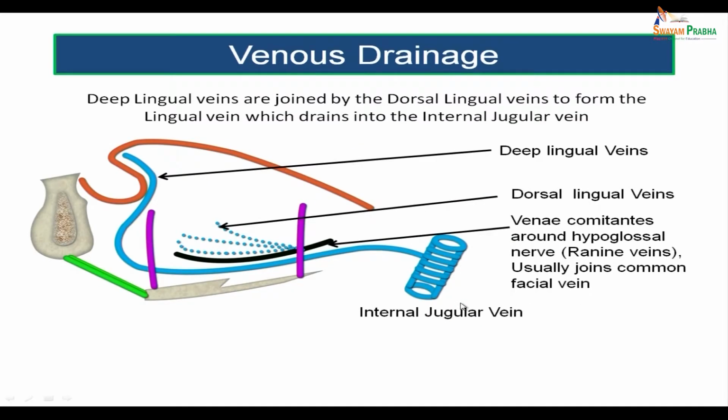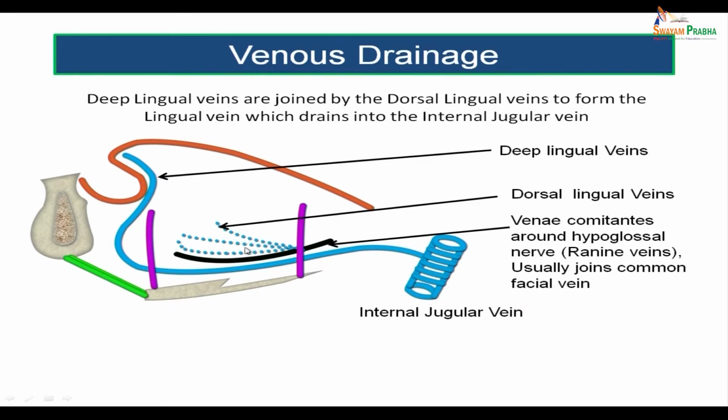Now we come to the venous drainage. The deep lingual veins are joined by the dorsal lingual veins to form the lingual vein, and this lingual vein drains into the internal jugular vein. In addition, you must remember that there is a large network of veins present around the hypoglossal nerve.